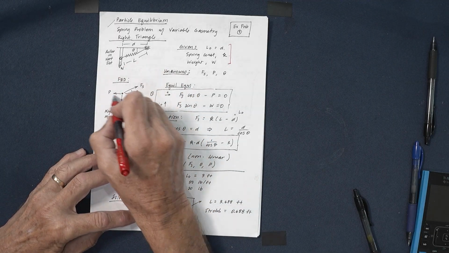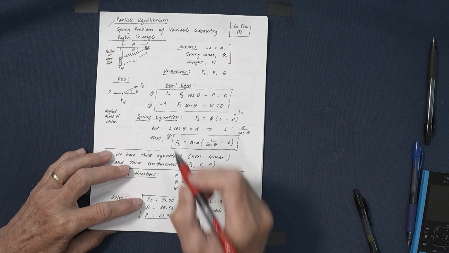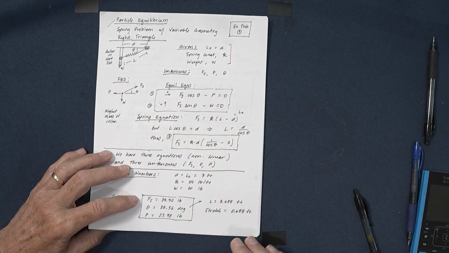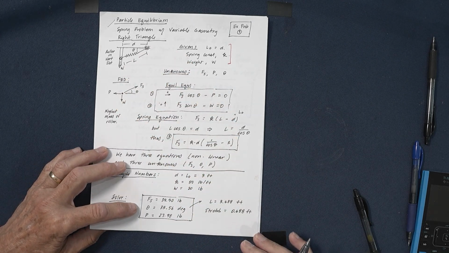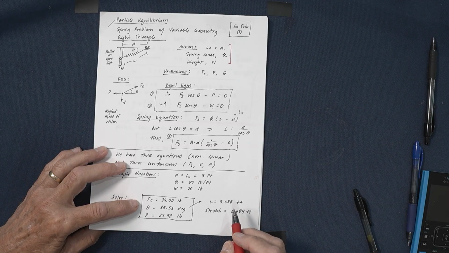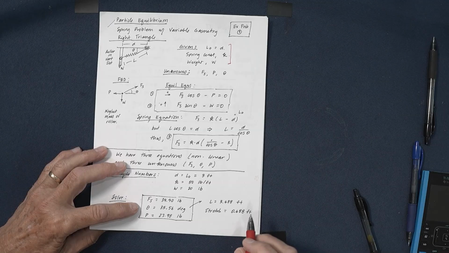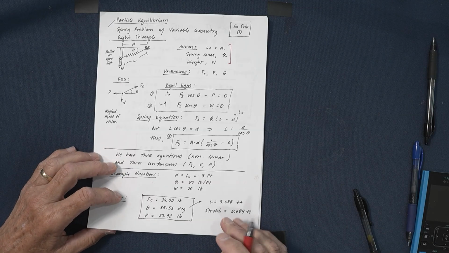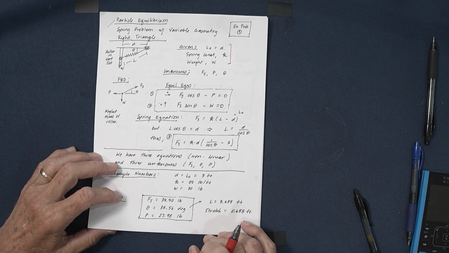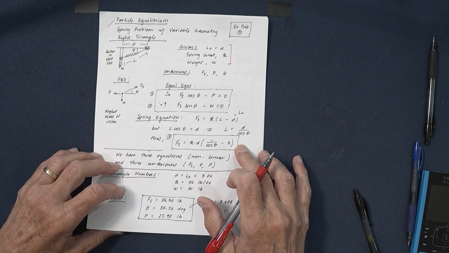My slot force, normal to a slot force, is 28 pounds, and my Fs spring force is 34.4 pounds. And you can calculate the stretch too. And so from this theta, you can get L, and then you can get stretch for this set of numbers. So you're solving a nonlinear set of equations.